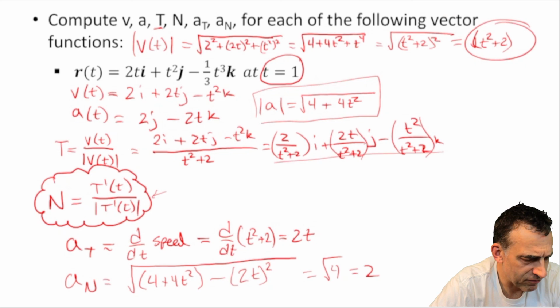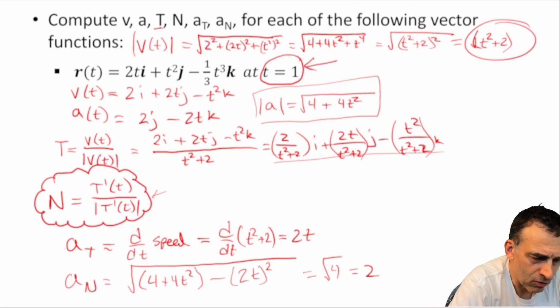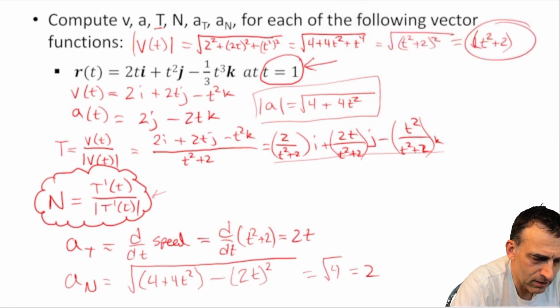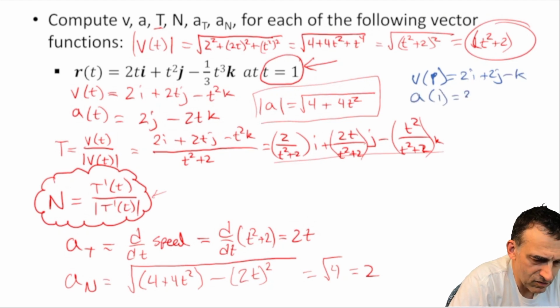And all we have to do now is just plug this in. So I guess I'll change colors to do that. Let's see. So we'll do v of 1 is 2i plus 2j minus k. A of 1 is 2j minus 2k.